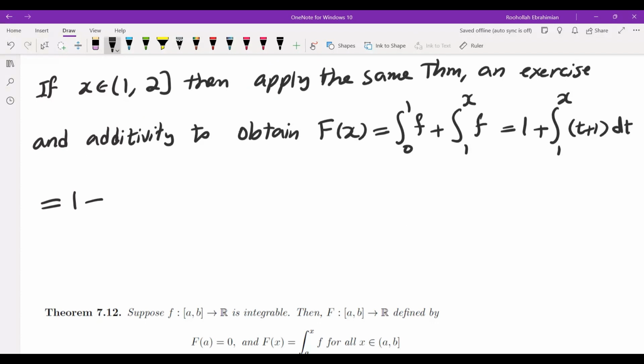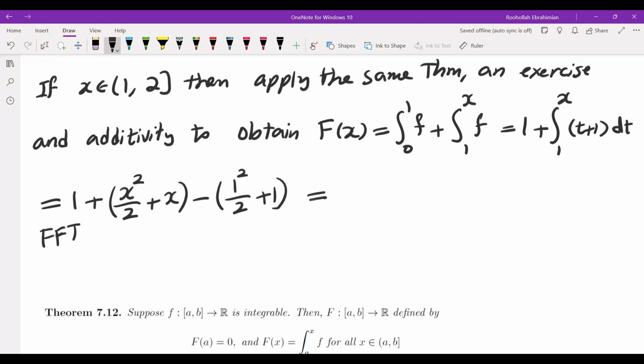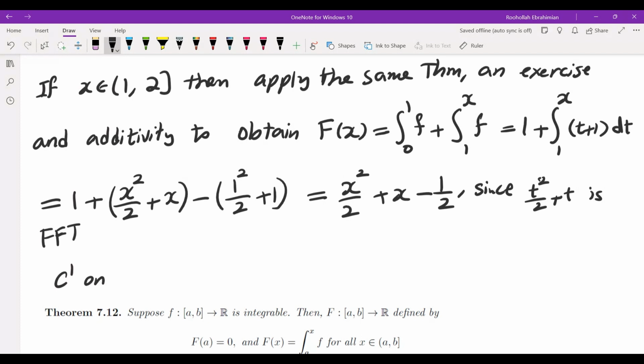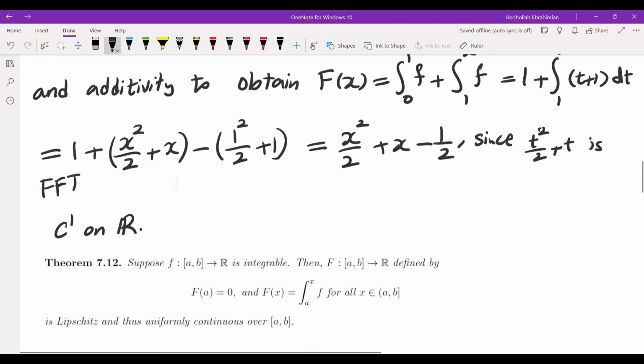And then we can apply the first fundamental theorem. So it would be x squared over 2 plus x minus 1 squared over 2 plus 1. And we could simplify this. So it would be x squared over 2 plus x minus a half. Since this function t squared over 2 plus t is C1 on the entire real line, we can apply the first fundamental theorem of calculus.